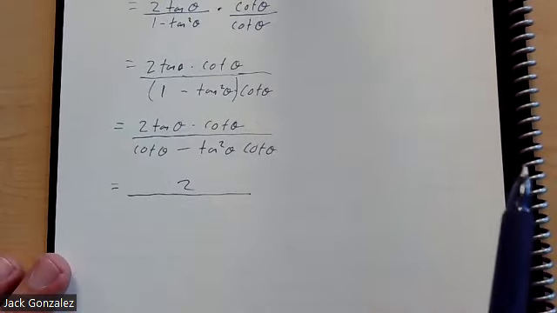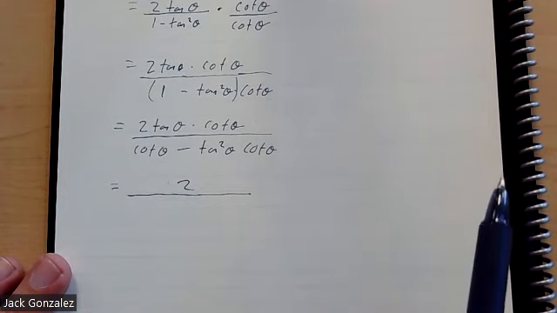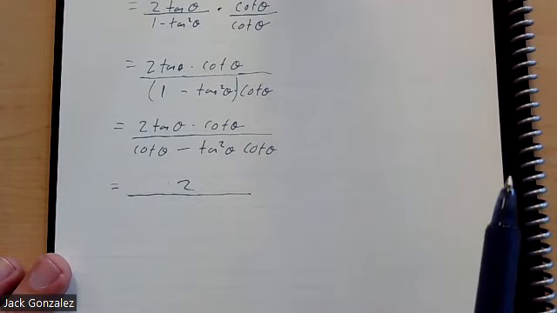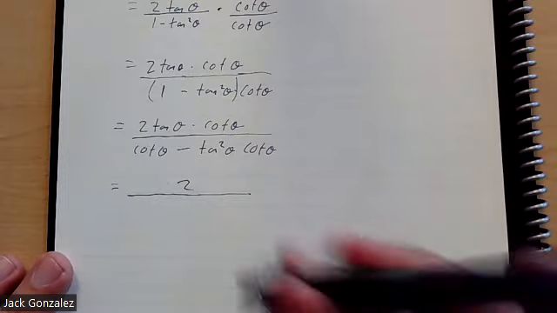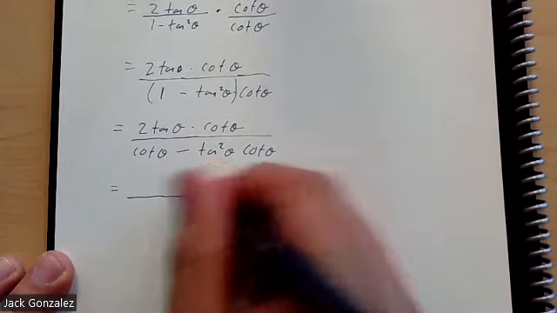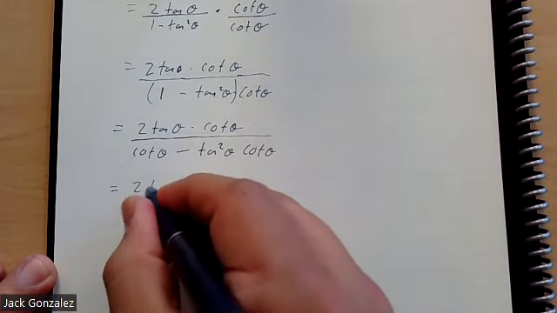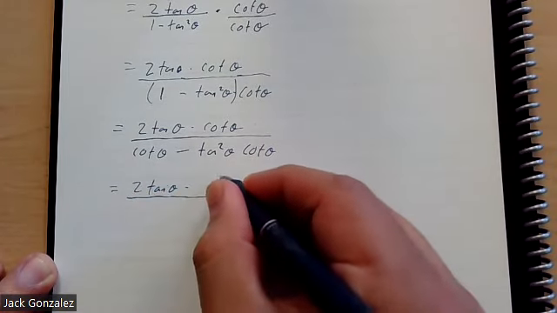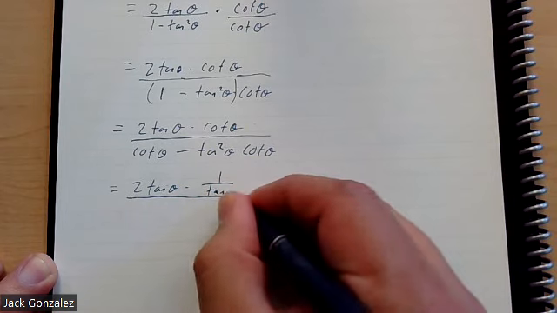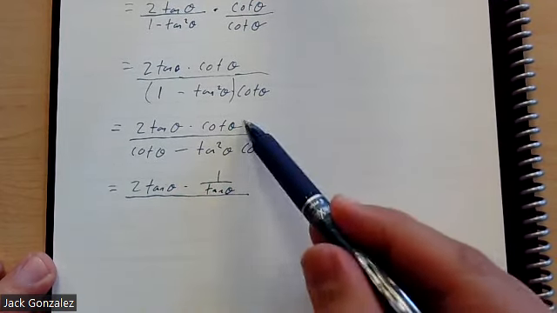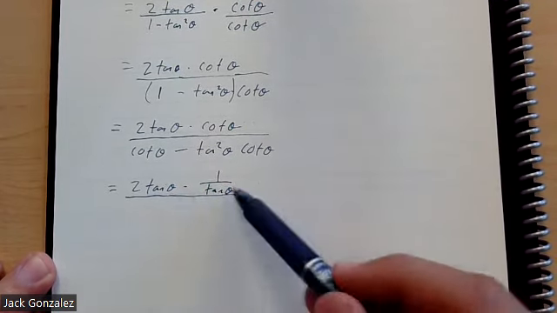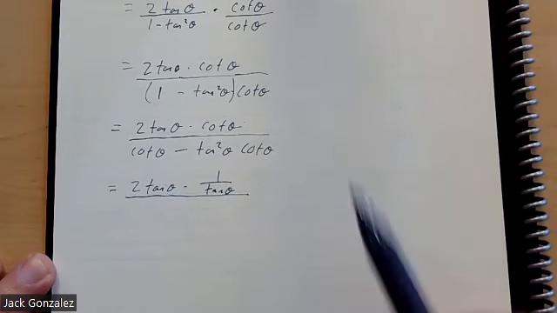Okay. So tangent cancels it. I'll show one more extra step just in case. So I don't trust you guys. So cotan is 1 over tan. So clearly they cancel, right? That make more sense?